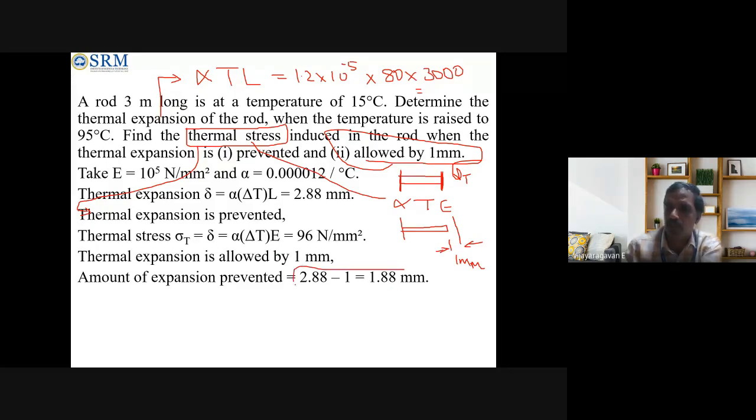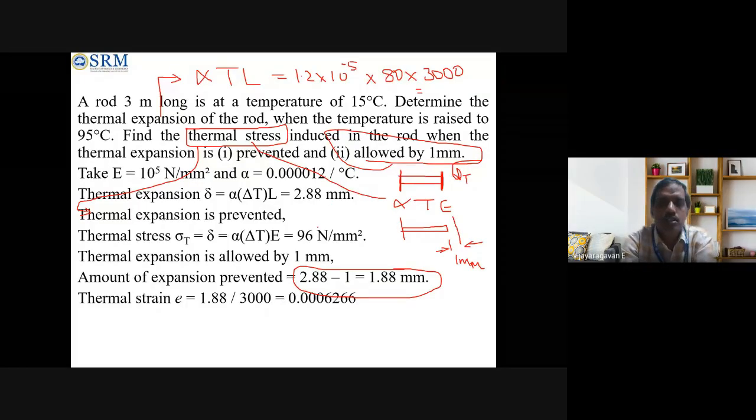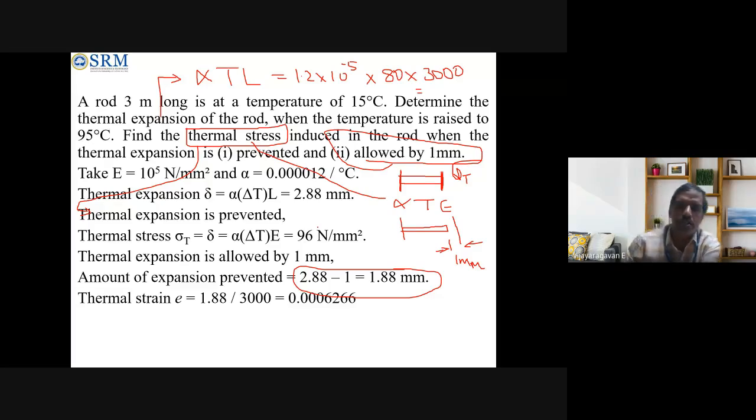Can you follow this part? Any doubts here? The amount of expansion prevented. No doubt, sir. So in this case, the strain is change in length by original length. The thermal strain induced is this 1.8 mm being prevented, divided by the original length, which is 3000 mm.